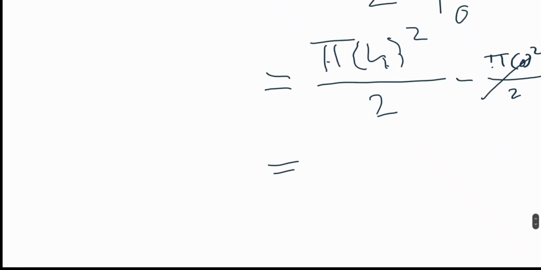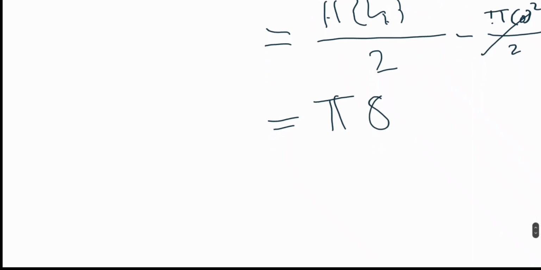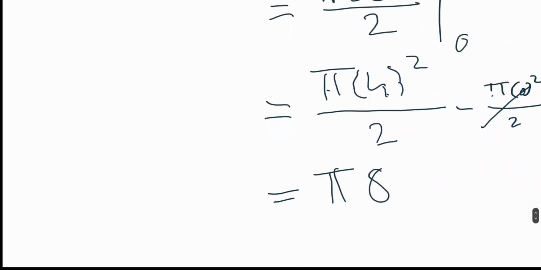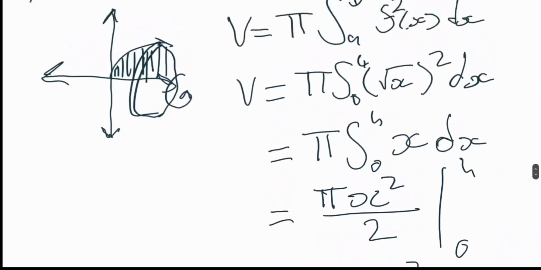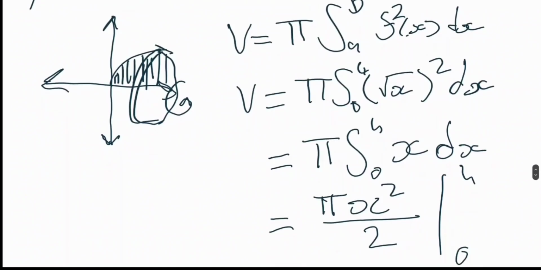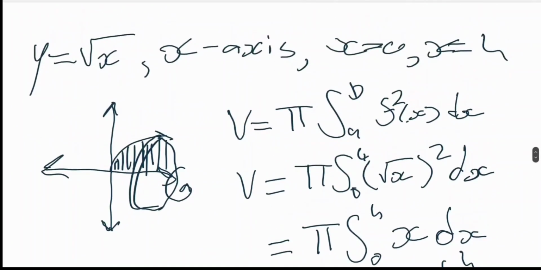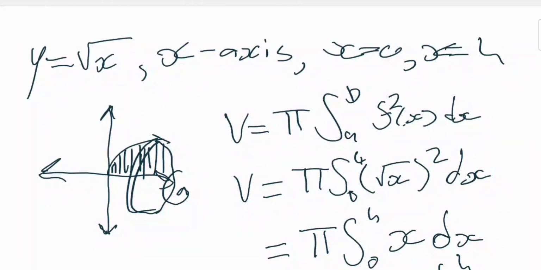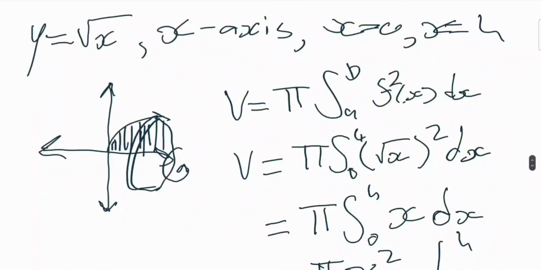Okay, now 4 squared is going to be 16, so this is going to equal 8 pi. Okay, and that is our final answer for the volume of this solid enclosed by the function root x and rotated around the x-axis. Okay, we have rotated it around the x-axis.